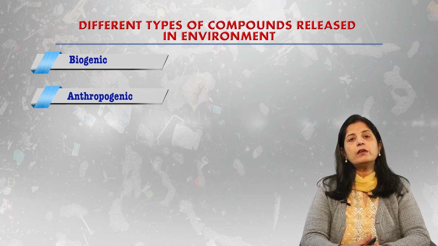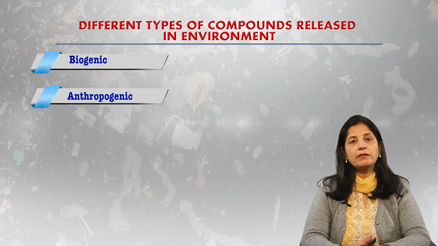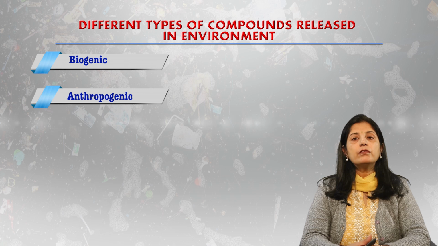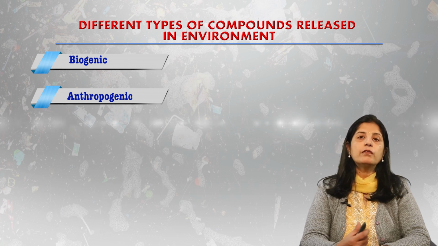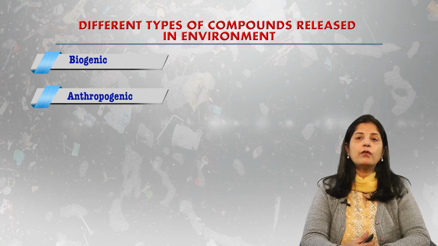Examples include carbon dioxide and lead, mercury, pesticides, herbicides, pharmaceuticals, various solvents which are used in industries, fuels which are emitted by various vehicles, then waste effluents of the industries. All these are because of human activities, so they are known as anthropogenic.